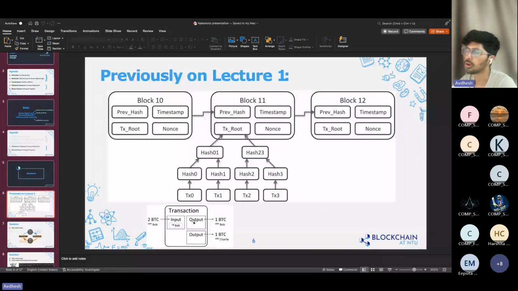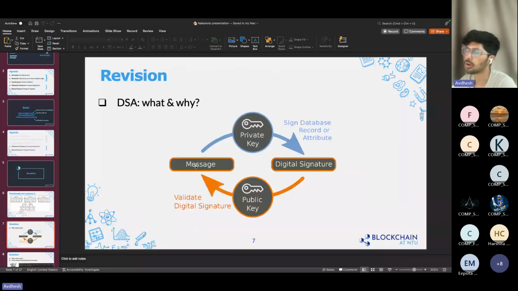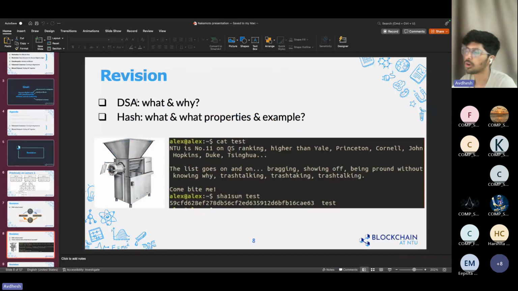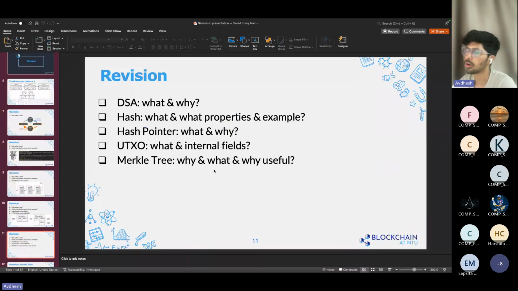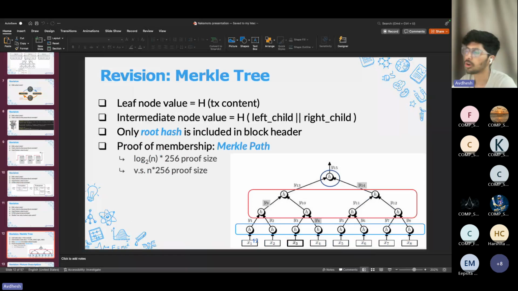As I said, I just explained the digital signature message. It gets encrypted via a private key. It creates a digital signature, and you can decrypt it with the corresponding public key. Again, SHA-256, hash pointers, UTXO, and the Merkle tree.